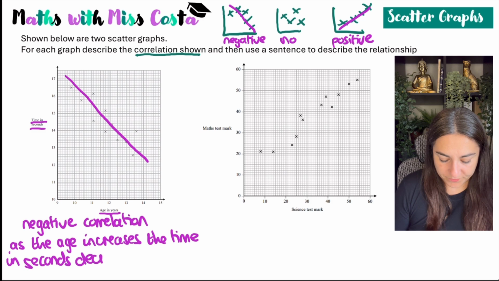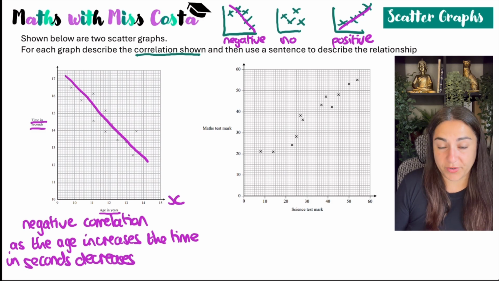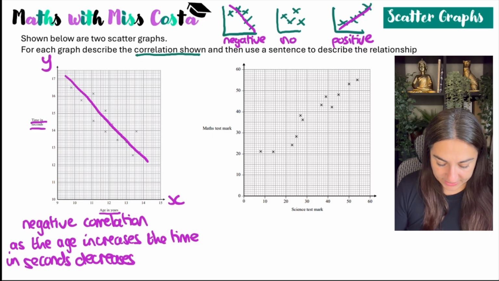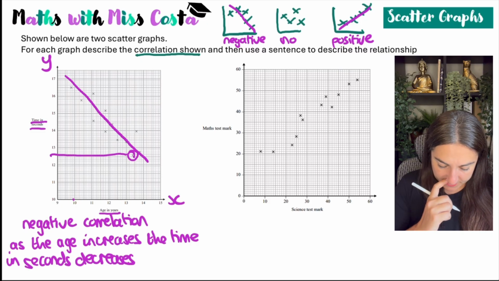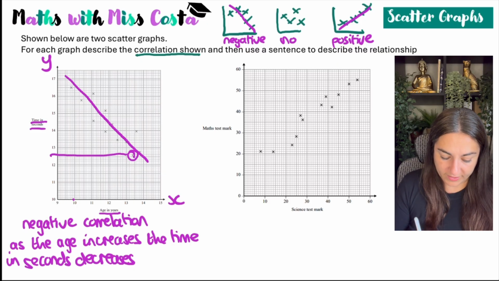So basically as my x-axis increases, the y-axis decreases, because look, here we've got, let's say, a 13-and-a-half-year-old takes 11 seconds to do something, whereas a 10-year-old would take 17 seconds. So the older you get, the quicker you do something.